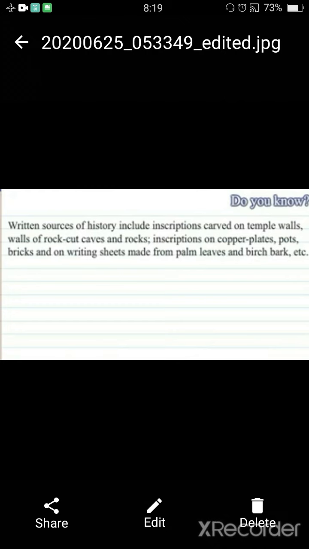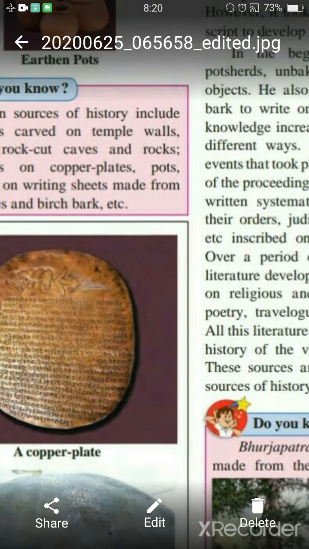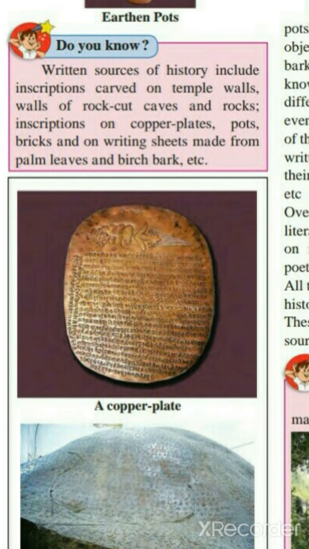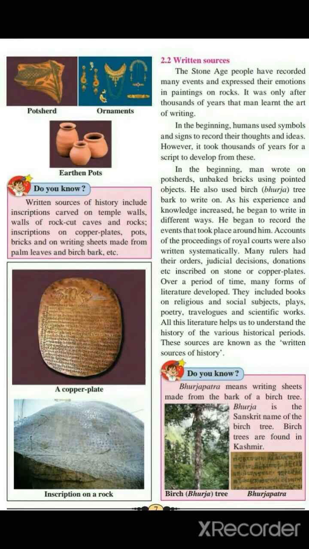There are also inscriptions on walls of rock cut caves and rocks, inscriptions on copper plates, pots, bricks, and writing sheets made from palm leaves and birch bark. Birch is a kind of tree, and on that also we can find the written sources of history.